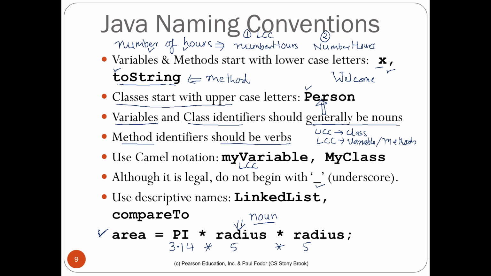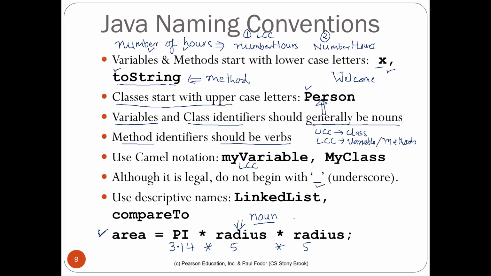Like if you have to write a program which computes the area of a circle, then let's better call the variables area for area and radius for radius.